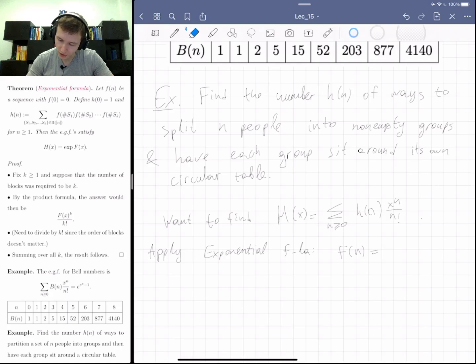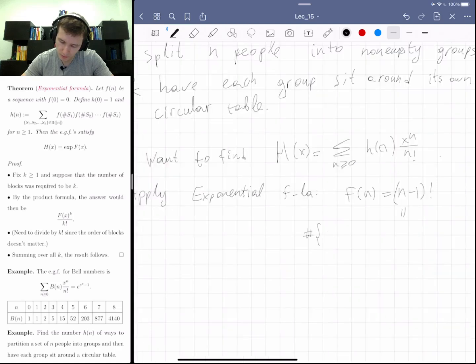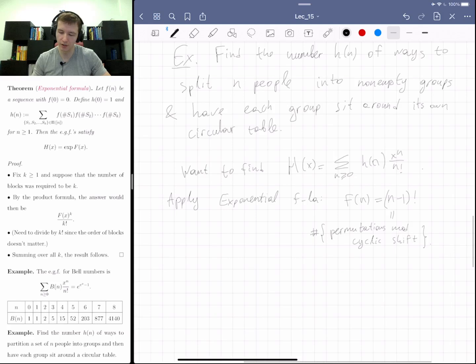Yes, that is actually n minus 1 factorial, which is the number of permutations modulo cyclic shift. That's the number of arrangements of people around a circular table.